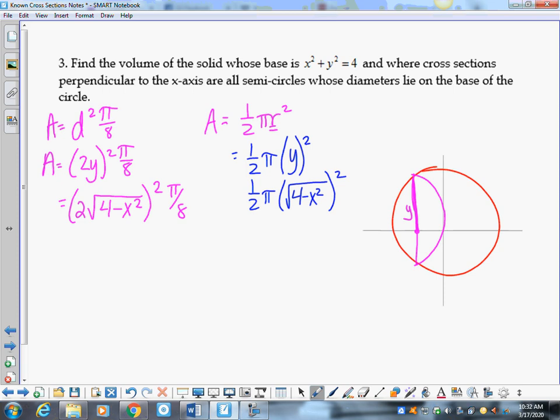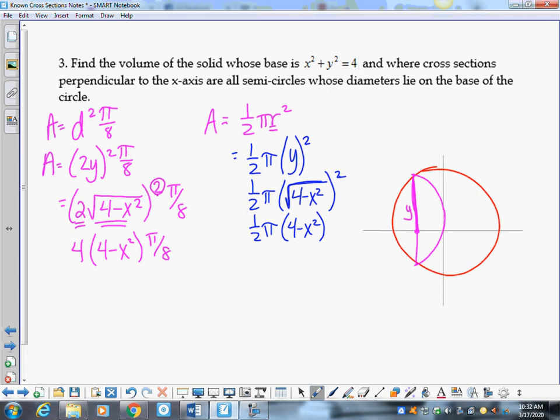Okay, so this is 1/2 pi, and then if I square the square root, the 4 minus x squared is going to come out. Now step back over here to the purple. If I square this and this, that's going to give me 4, and then that root is going to go away.